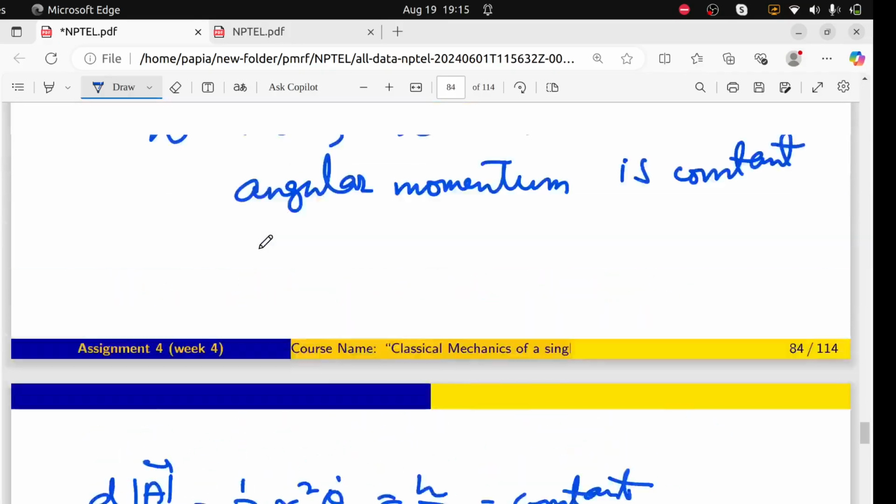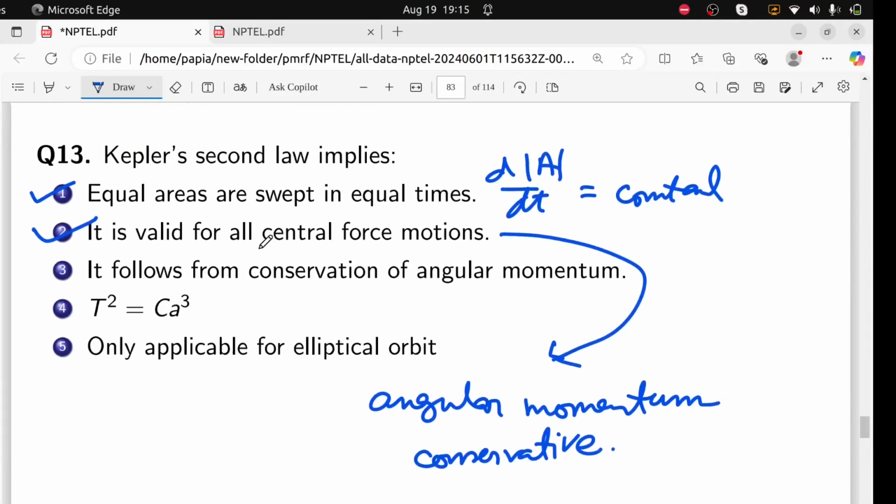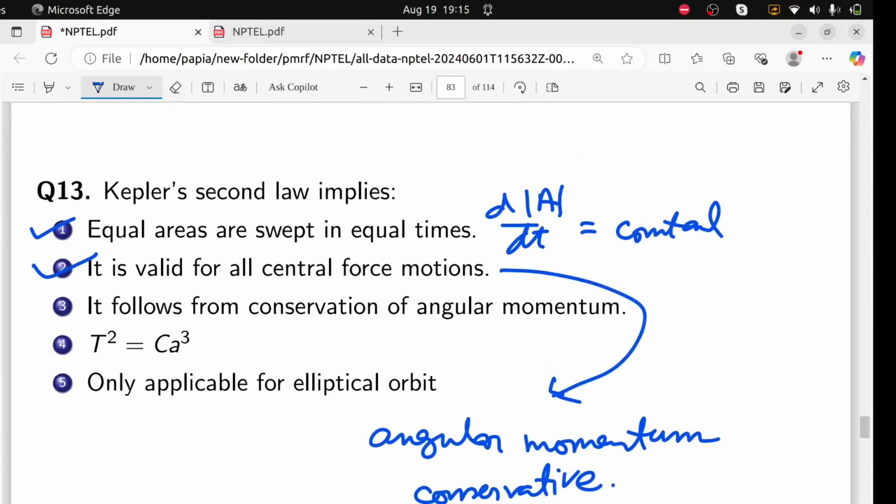So this is the only condition to mention. It is valid for all central force motions. For all central force motion, angular momentum is conserved. It follows from conservation of angular momentum. Yes, that is also correct.